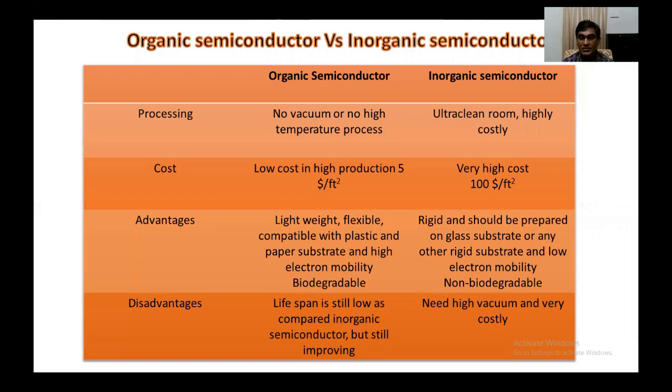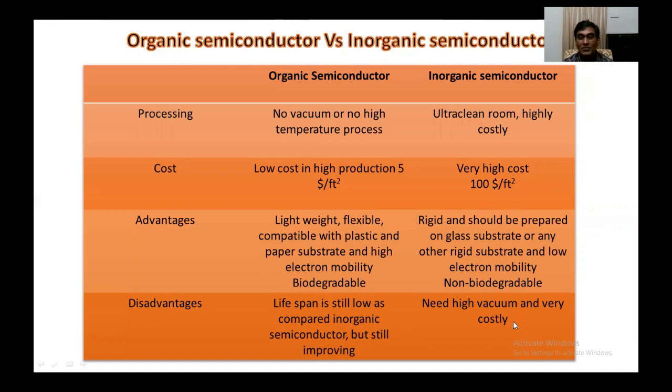But if you see in case of efficiency, organic semiconductors have the disadvantage as compared to inorganic semiconductors. The lifespan of organic semiconductors is still low as compared to inorganic semiconductors, but the improvement is going up. But for inorganic semiconductor devices, the lifespan is much more as compared to organic semiconductors.